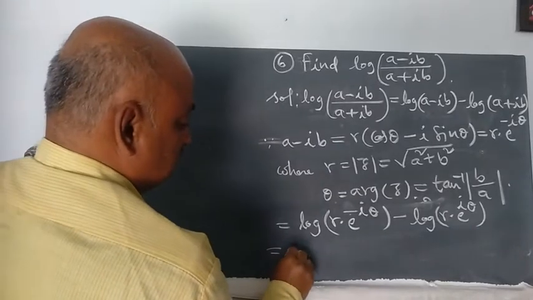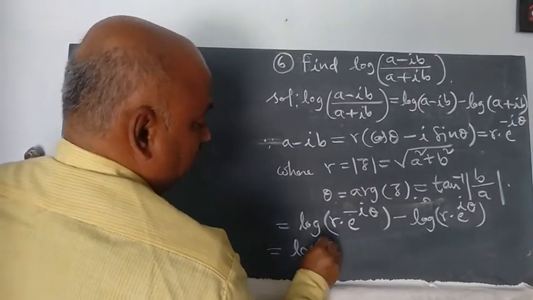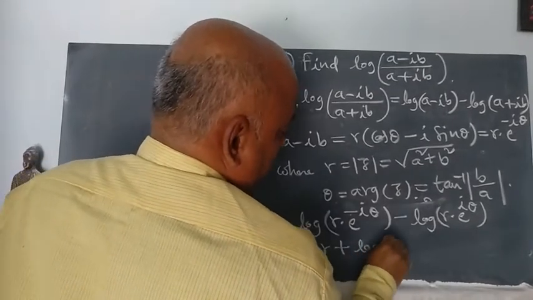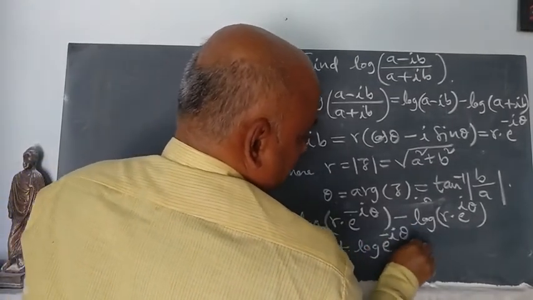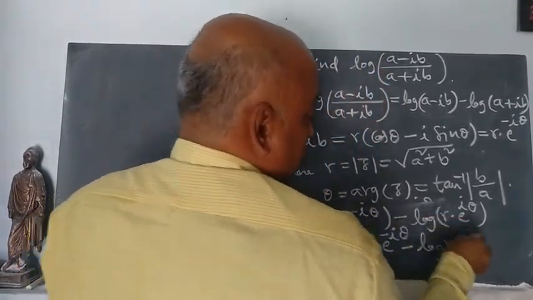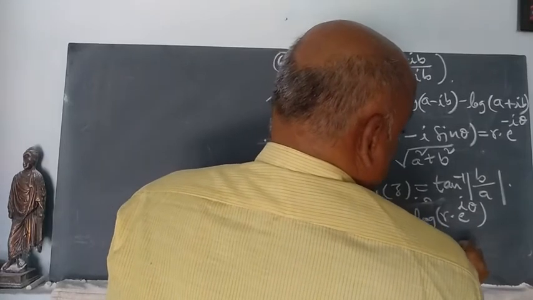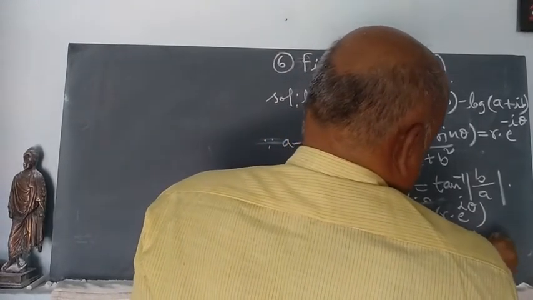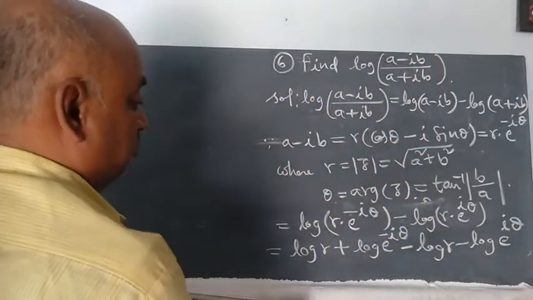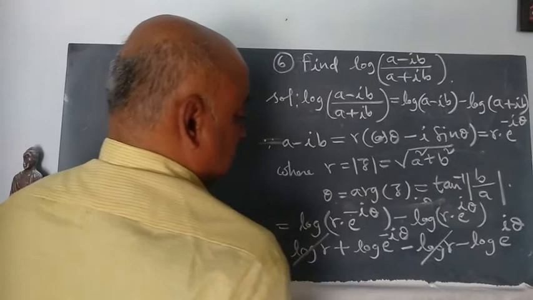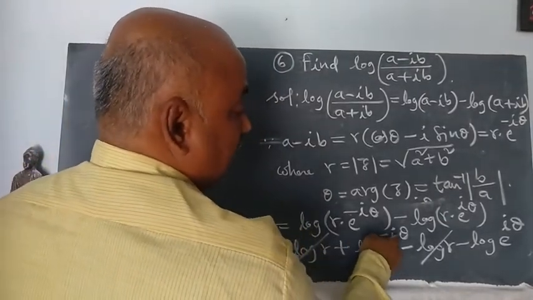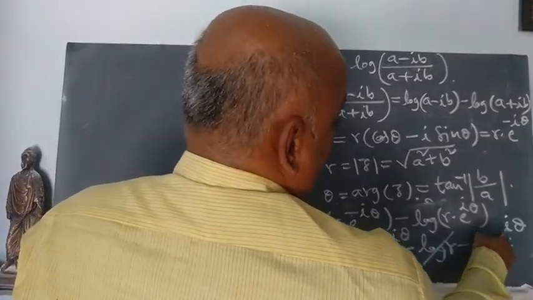So this is log r plus log of e to the power of minus i theta minus log r minus log of e to the power of i theta. Log r minus log r get cancelled, and this is log of e to the power of minus i theta minus log of e to the power of i theta.